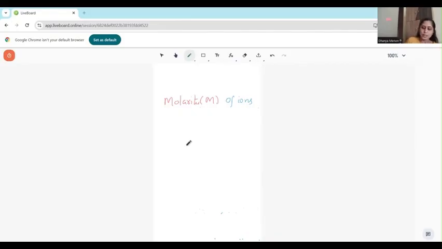Now suppose I'm given 500 ml of solution containing 53 grams of sodium carbonate.